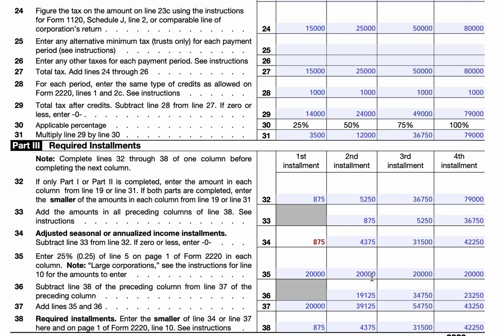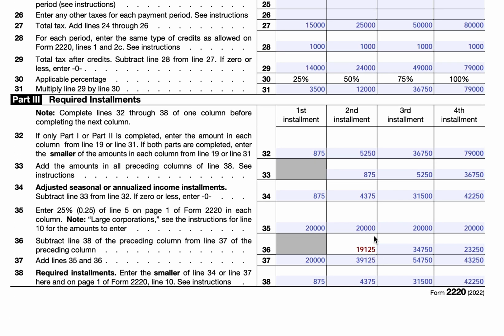We will drop down the $20,000, back out this 875 required payment from the $20,000 that was here. The result is $19,125. We'll add these amounts and we'll put $39,125. And again, we compare the smaller of these two. So again, the smaller amount is this amount right here.